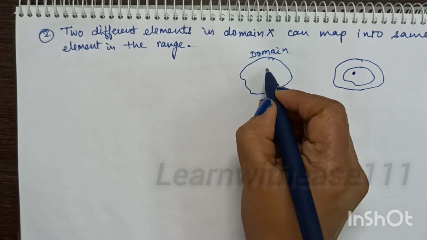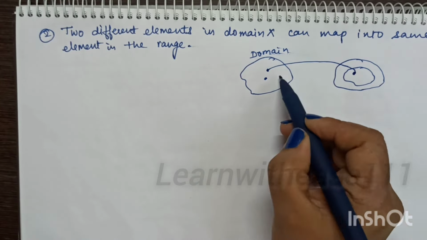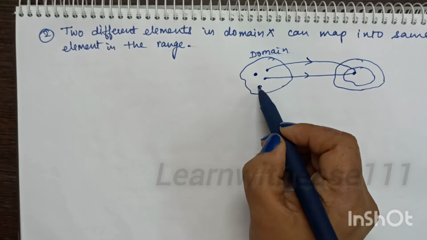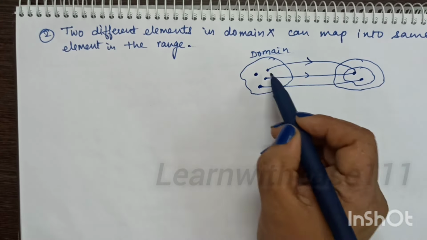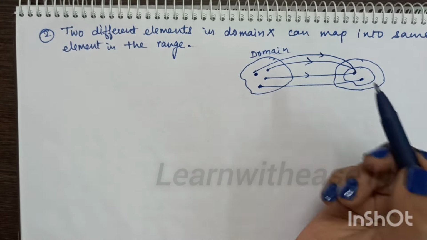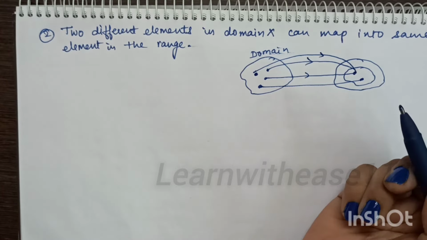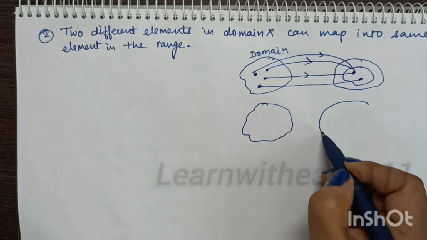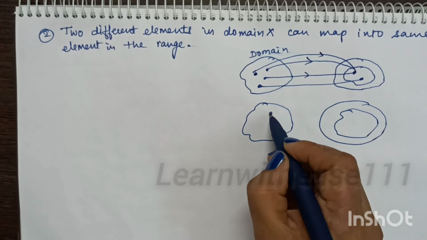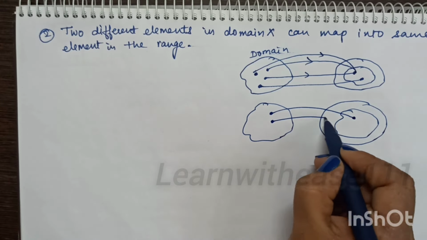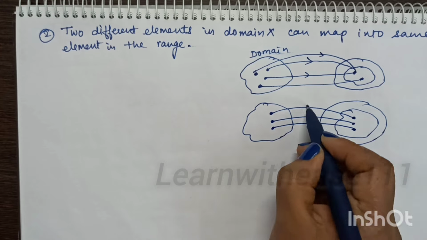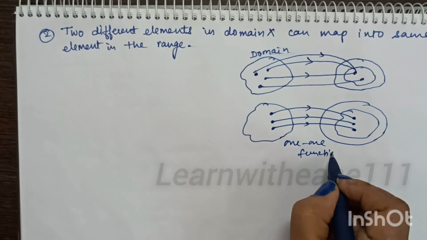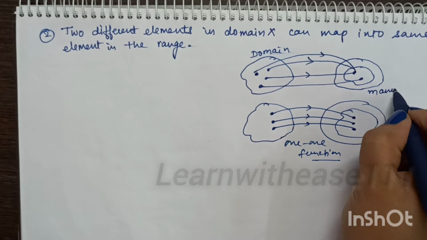And if this is the criteria of the defined function, the function would be called a many-one function. So this is one of the types of function. See, more than one element is connected to one single element in set Y. And if it's not like that, every element is getting connected with one element, then it is called a one-one function, or you can say a one-to-one function.